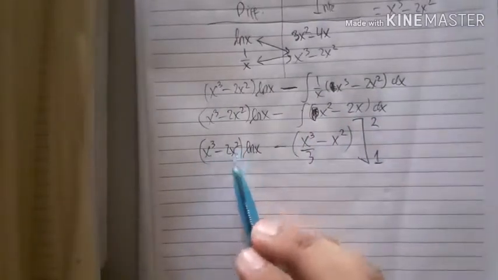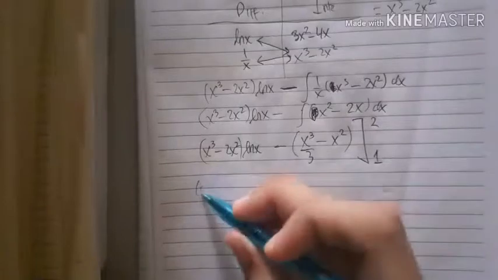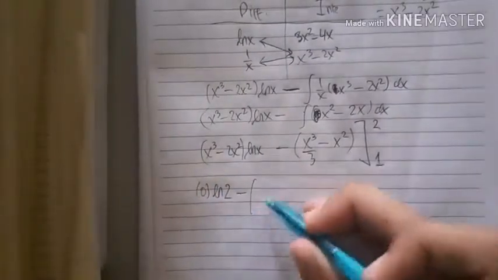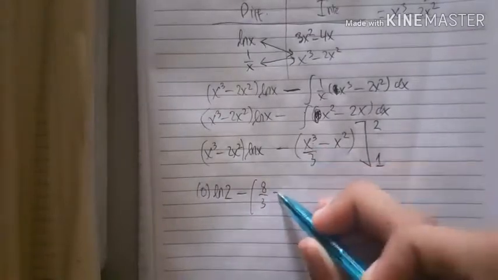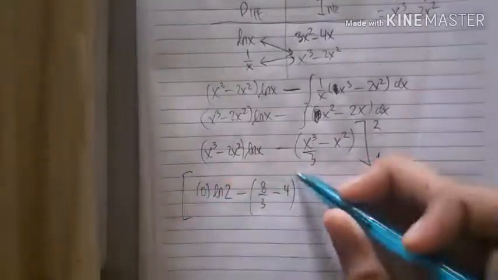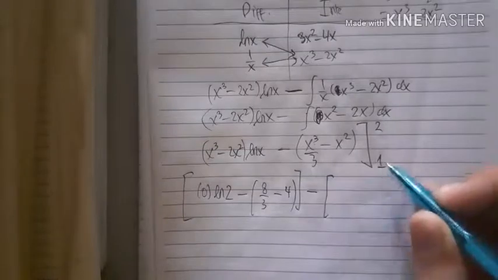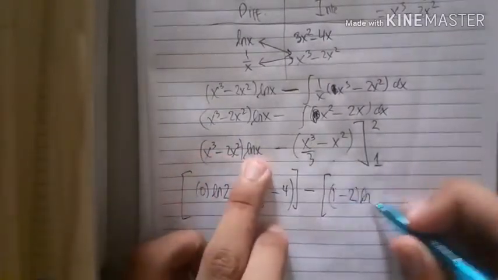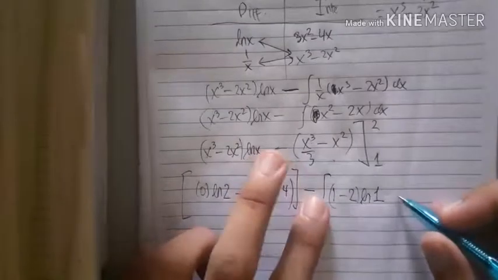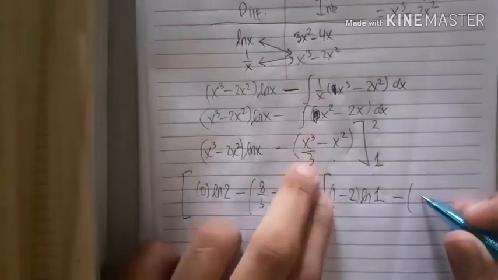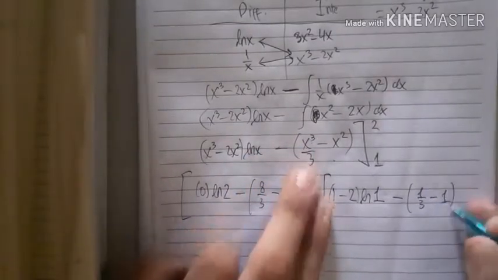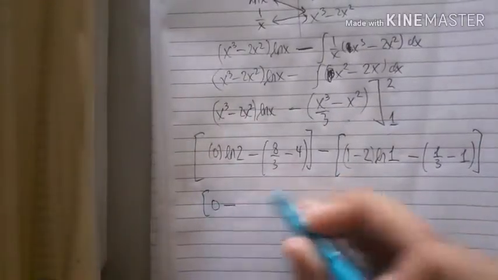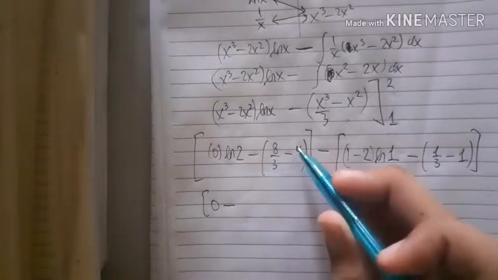8 minus 8, that is 0, 0 times ln 2, minus 8 over 3 minus 4. This is for one side, and you subtract it with the other limit. 1 minus 2 times logarithm of 1, minus 1 over 3 minus 1. This is 0 automatically. Remember that any logarithm of number 1 is always 0, right? The natural logarithm of 1 is 0.